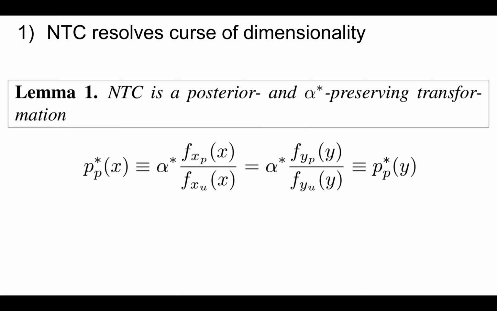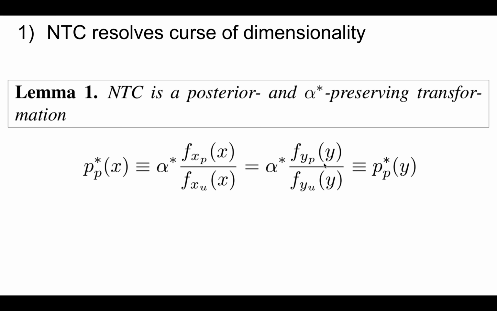First problem, curse of dimensionality. The crucial insight proven in the paper is formulated in this lemma. It basically means that instead of taking our initial Bayes rule, where densities are over the x, the multidimensional initial data, we can replace these densities with densities of y, which is the prediction of the non-traditional classifier.